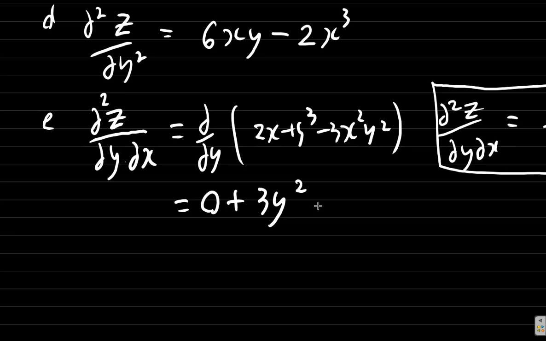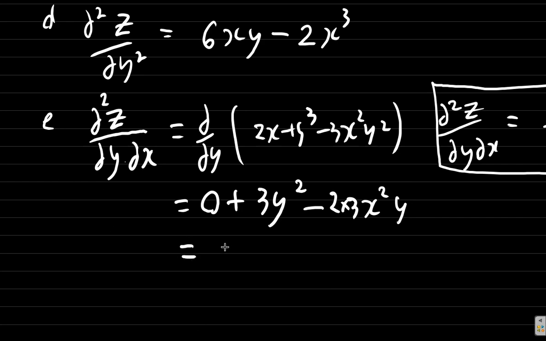Alright, minus, this 3x squared part, you treat it as a number, because remember you're differentiating with respect to y. As for the 2, you bring it down in front. So it's 2 times 3x squared times y to the 2 minus 1, but 2 minus 1 is 1. So it's y to the 1, which is just y.